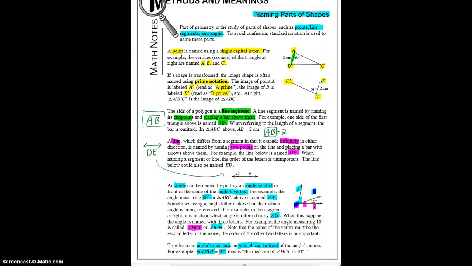If we're strictly just talking about angle HGI, then we write angle HGI. That means it's not important what its measure is. However, when I see M angle HGI, that means I want you to figure out a solid number or use the number that's listed on the inside of that angle.